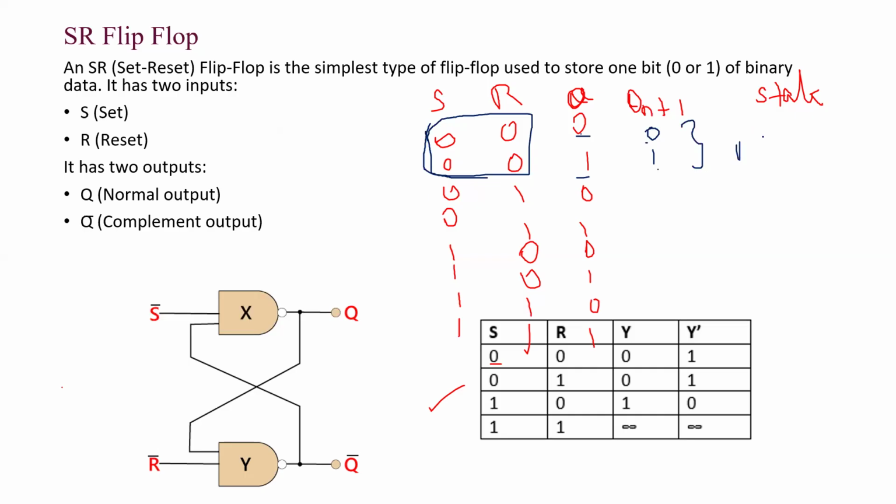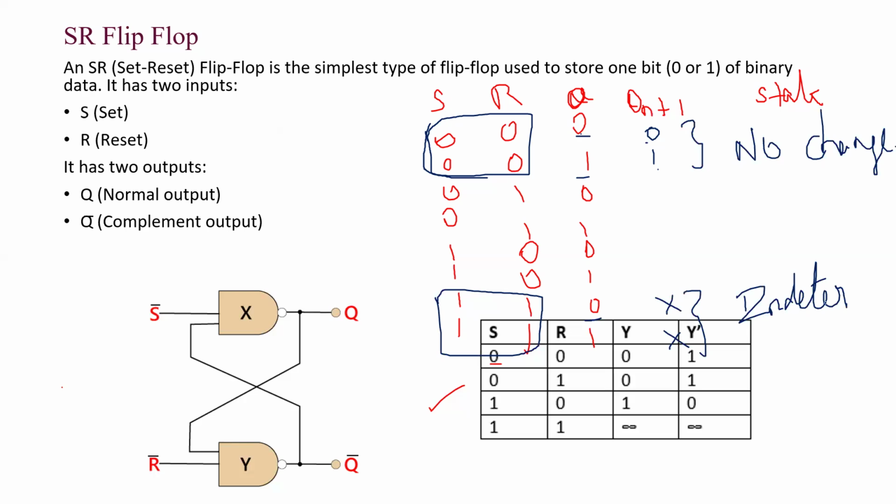No change. Now for 1 1, the output is x, indeterminate, both are. That's why we go to the JK flip-flop, which we will see next.